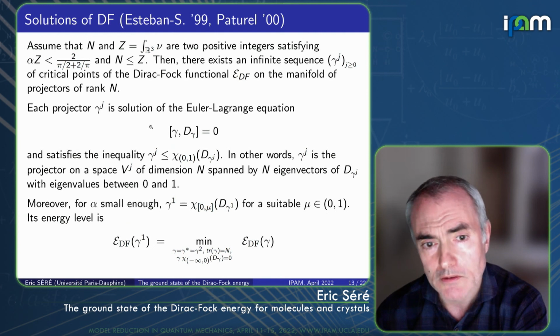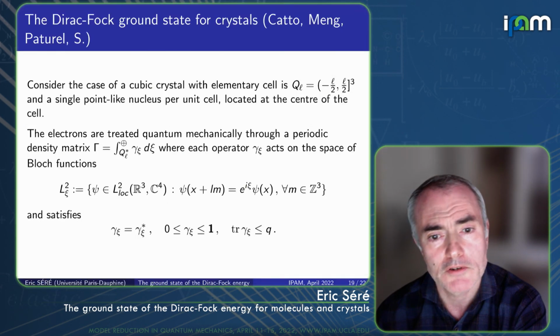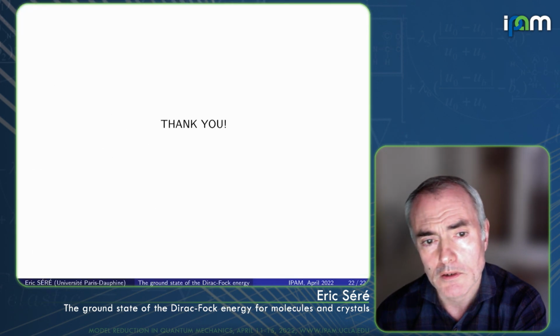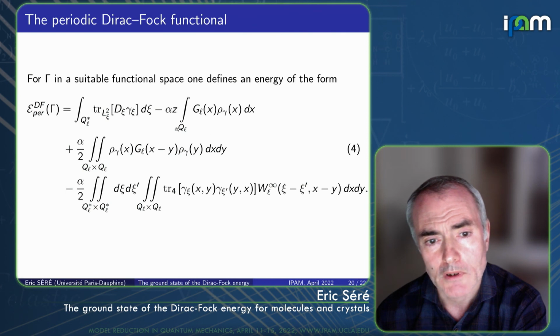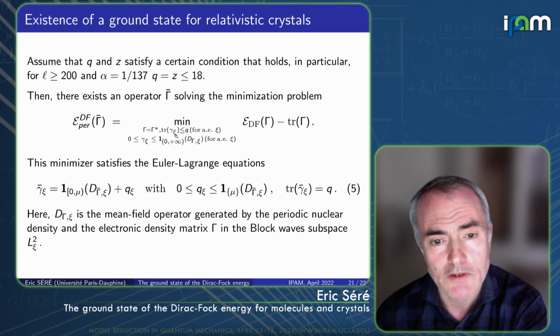When you look at it from the point of view of critical points, you have to look at this Euler-Lagrange equation, this commutator equal to 0, and it has bad properties from the functional analytic viewpoint if you mix this with Bloch functions. So that's really because of this minimization problem here that the problem could be solved.